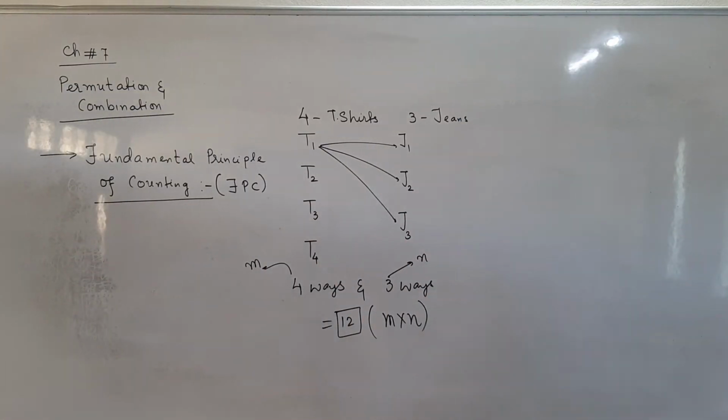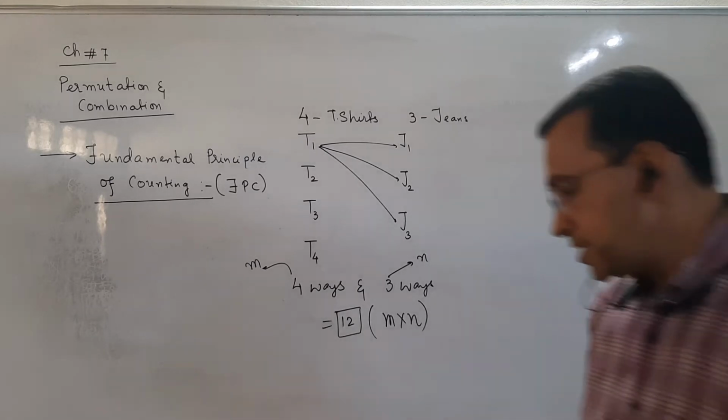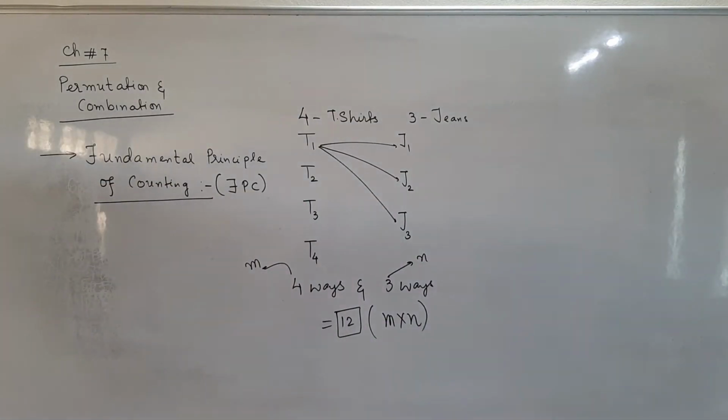Say you have 4 t-shirts, 3 jeans, and say 3 pairs of shoes. Then you can get ready in 4 into 3 into 3, that is 12 into 3, 36 ways. So the fundamental principle of counting is not restricted to 2 events or 3 events or 5 events. This can be generalized for any number of events you want.